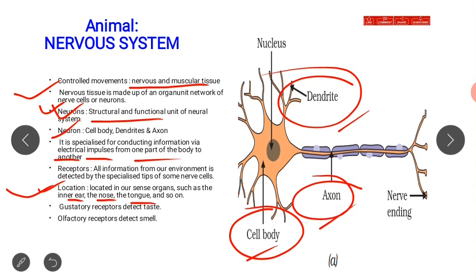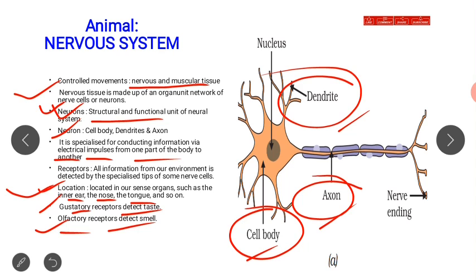Some receptors are, one is the gustatory receptor, another is the olfactory receptor. Gustatory receptors, which are present in our tongue, detect the taste, and olfactory receptors, which are present in our nose, detect smell. So receptors are the specialized tips of some nerve cells which detect the environmental information.